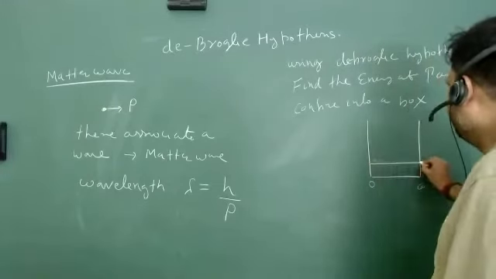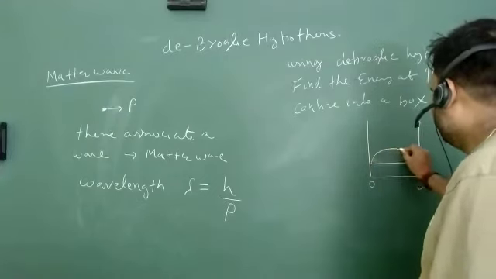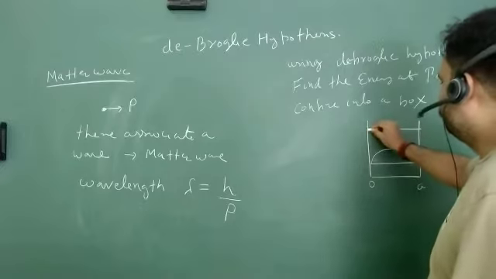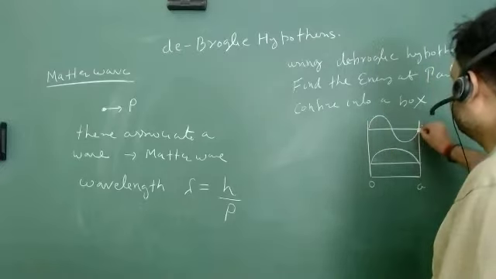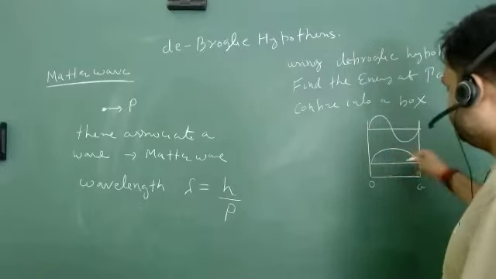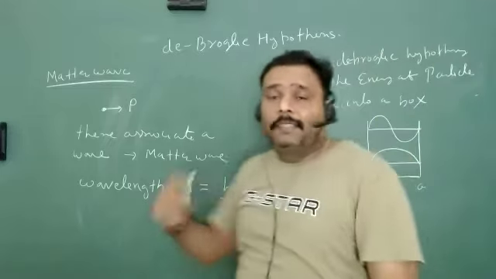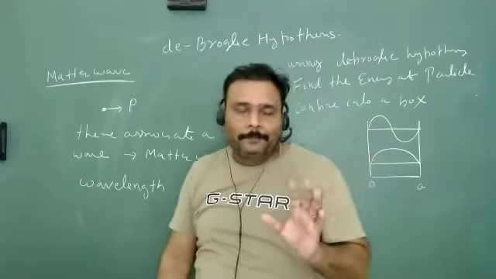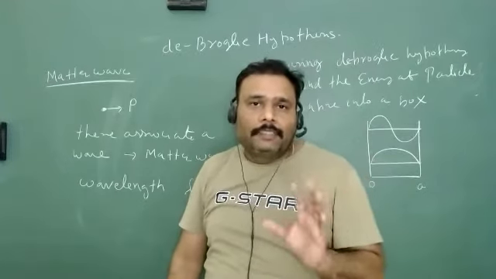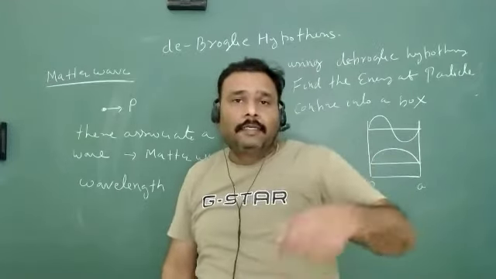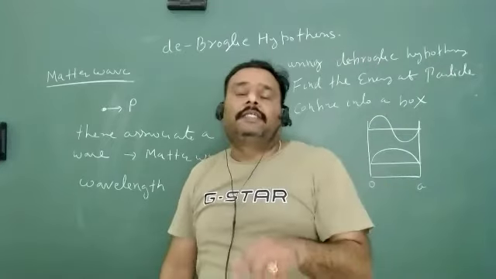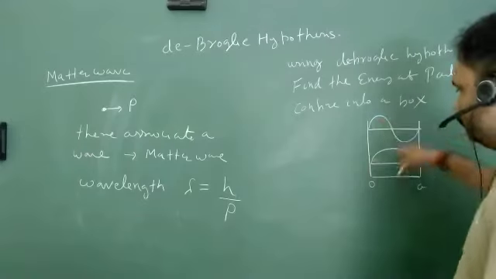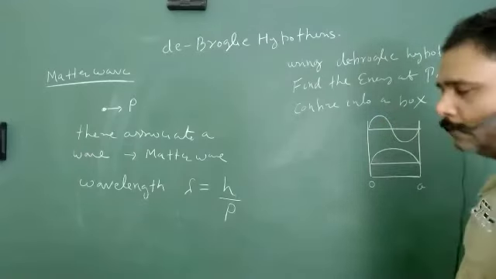Either it will have the fundamental mode, or the first overtone mode, and so on. This is the wave associated with the particle, which is not visible to us, don't worry, but we take the assumption that if it is associated with the particle, it has to follow this sort of fundamental mode, first overtone and so on.